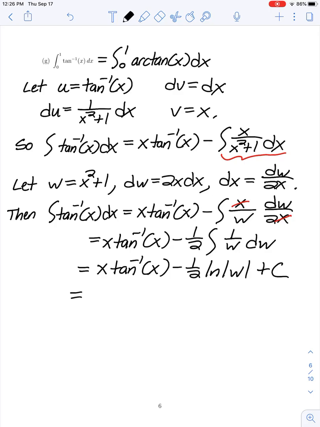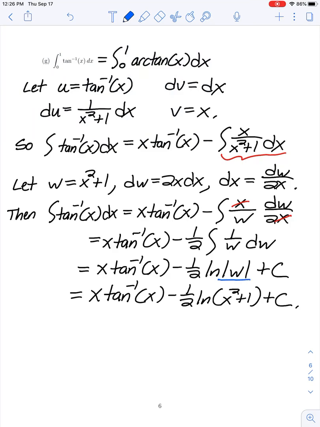Substituting w back in, we have x times arctangent of x minus 1/2 of the natural log of w, which was x squared plus 1, plus c. Now you might ask, what happened to the absolute value here?